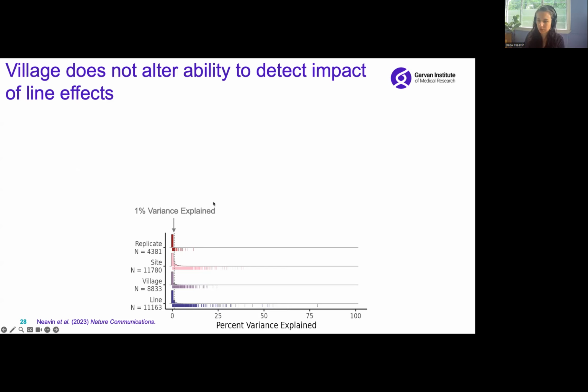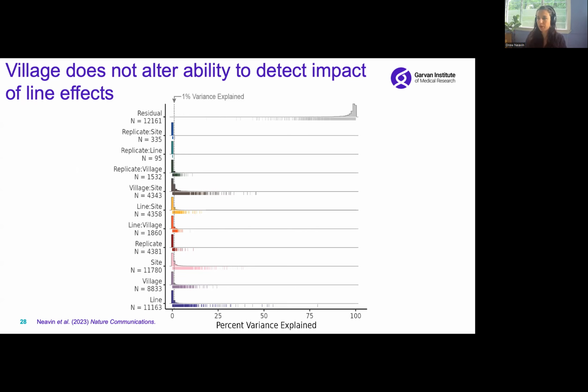And it effectively is our lower bound for understanding technical noise here. So this really identifies what we might expect to see for technical noise between replicates. And so when we look at the interaction effects, I want to just focus your attention first on this orange histogram.